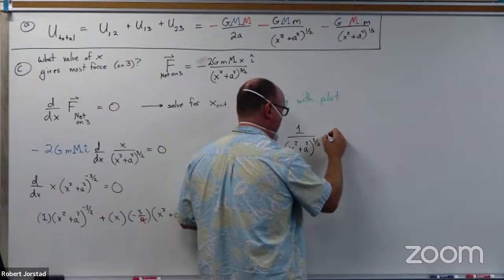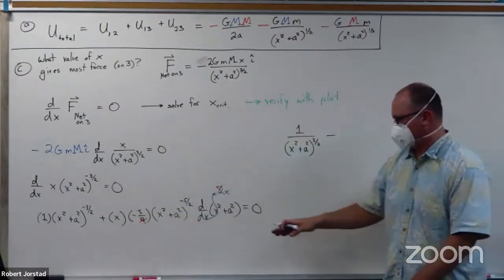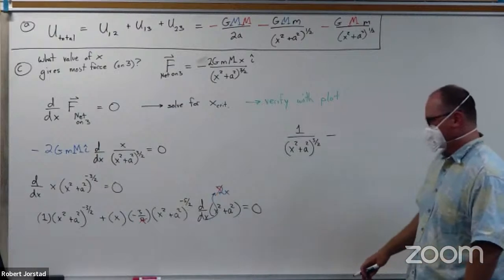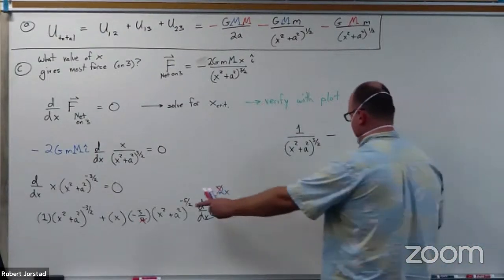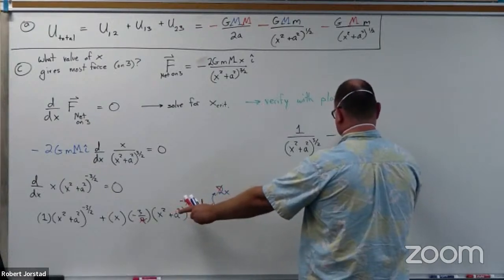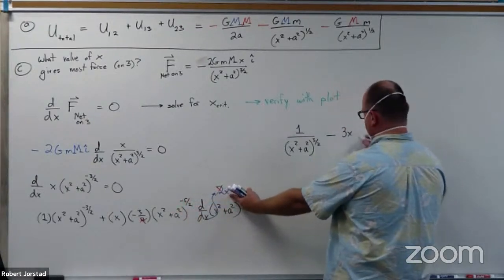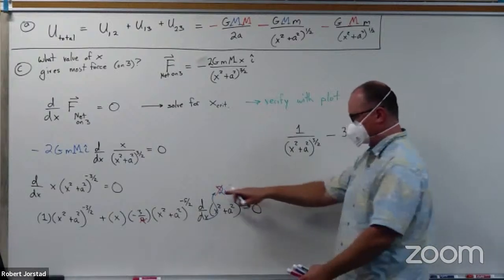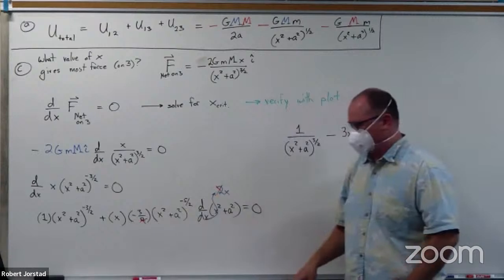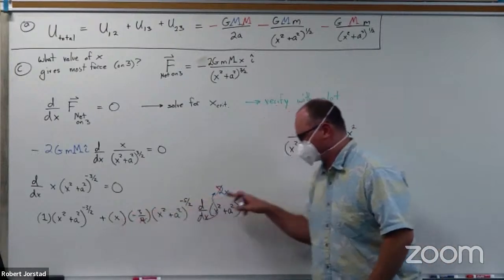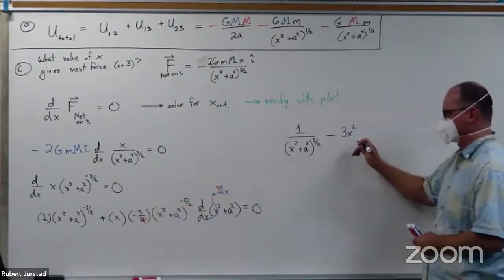So now undo the negative powers, and what do we get? 3x. And there's another x there, so it's 3x squared, isn't it? Do you agree? 3x squared negative.